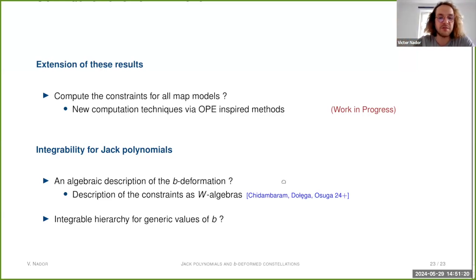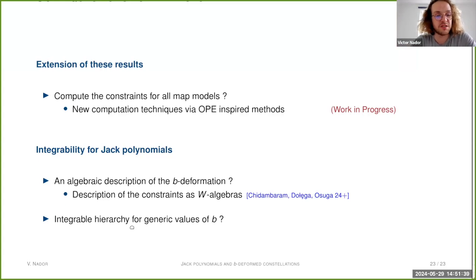In that direction, recently there was a preprint on arXiv by Chidambaram, Dowenga, and Oshuga, which describes these constraints as a W algebra, so something much more powerful than what I was hoping, but that's already something in the direction.